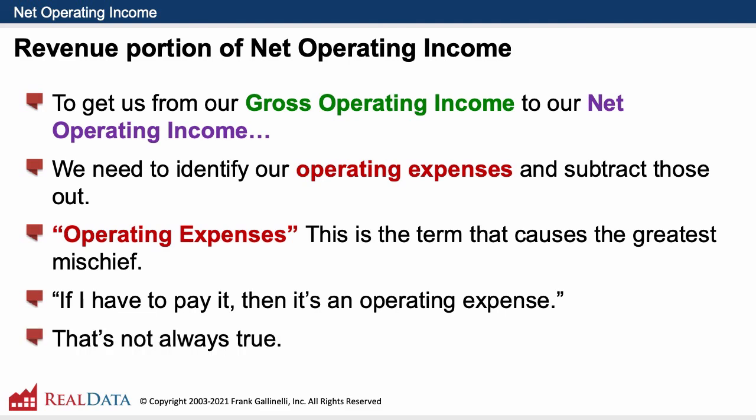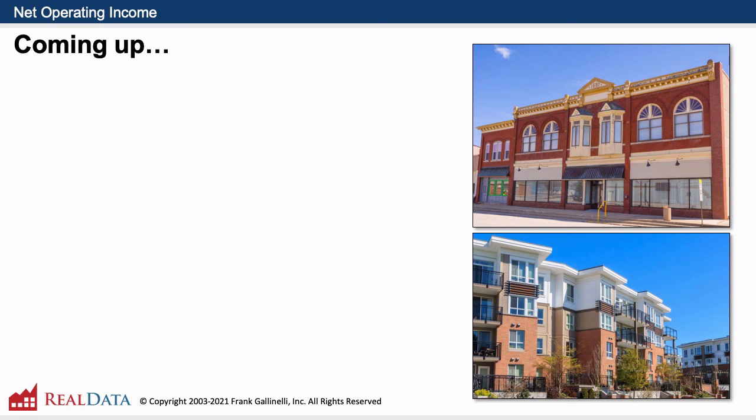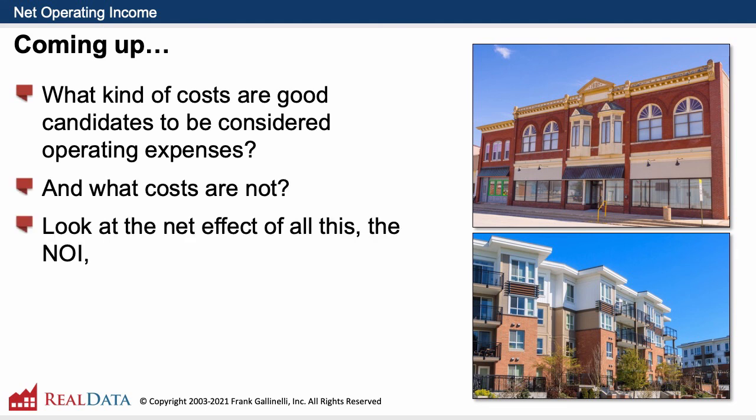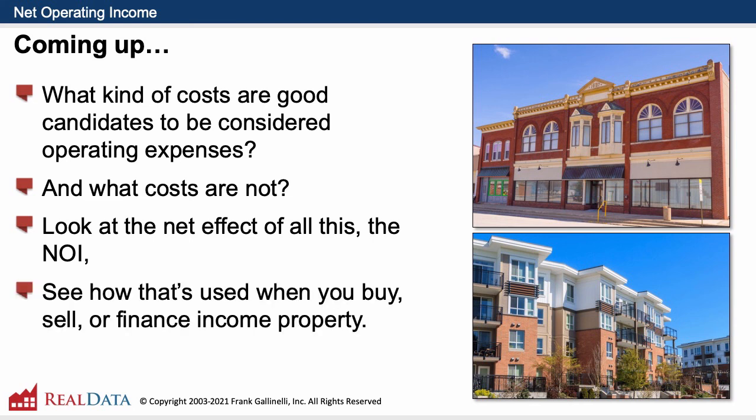Well, that's not always true. In the second half of this post, we'll talk about what kinds of costs are good candidates to be considered operating expenses and what costs are not. Then we'll look at the net effect of all of this, the NOI, and see how that's used when you buy, sell, or finance income property.